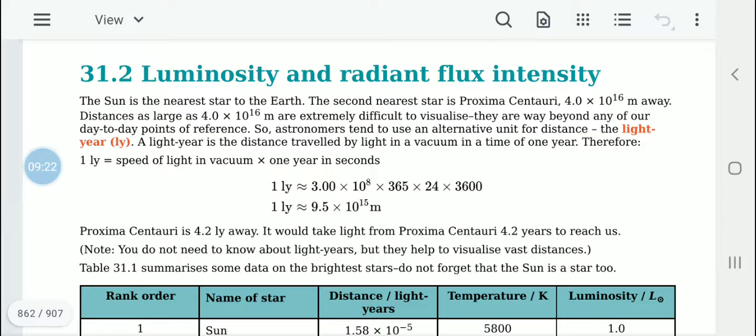To convert 1 year into seconds, you multiply 365 days by 24 hours, then 60 by 60, which is 3600, because an hour has 60 minutes and each minute has 60 seconds. So 1 ly is approximately 9.5 times 10 to the power 15 meters.